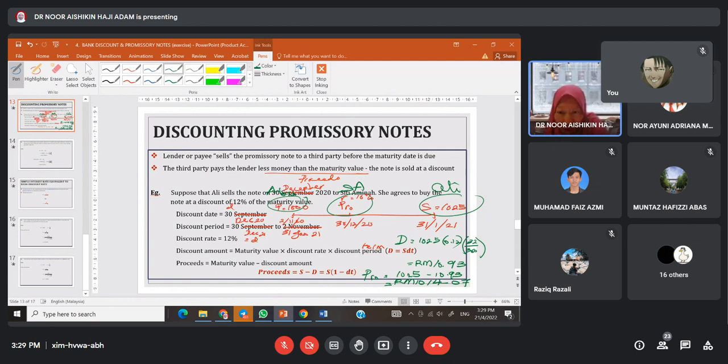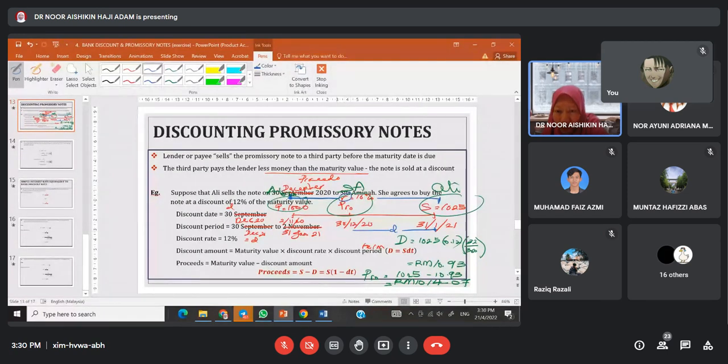Faham? So simple interest rate tu adalah untuk the term of note. Simple interest rate R yang 10% ni is for the term sini, term date of note until the maturity date. Yang discount rate tu, D tu adalah antara sini dengan sini. Antara discount date dengan maturity date.